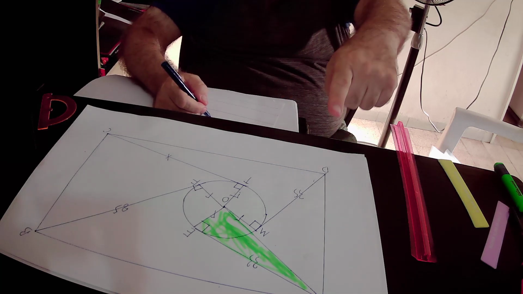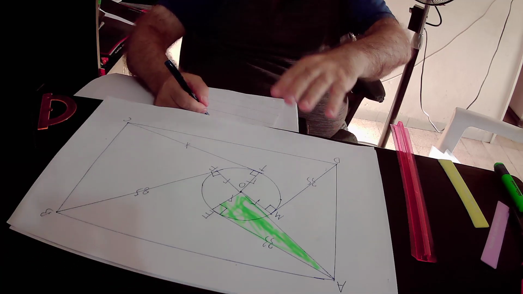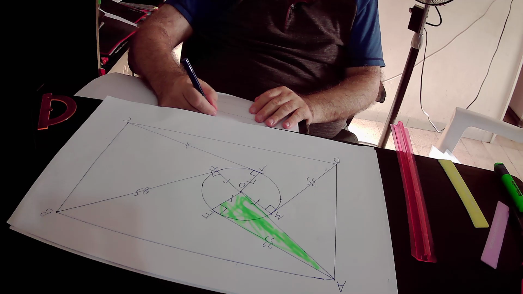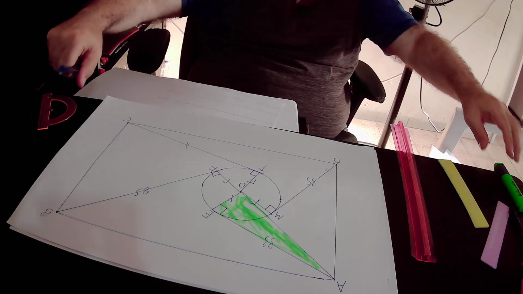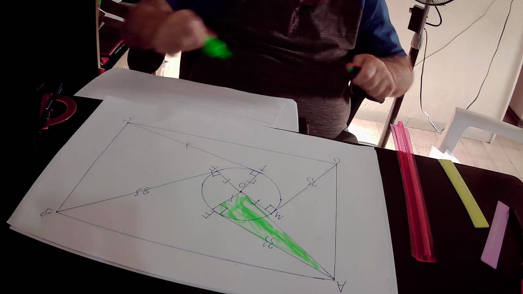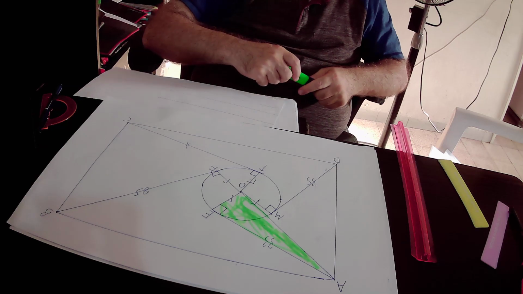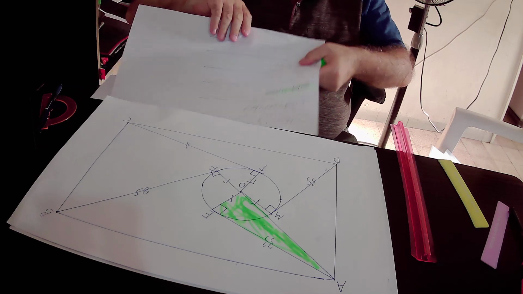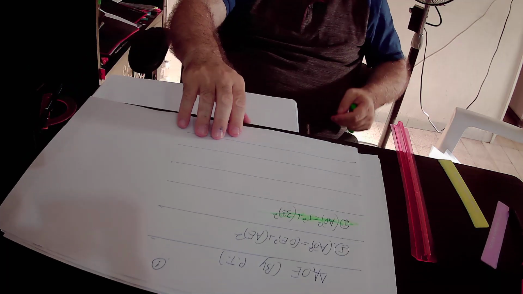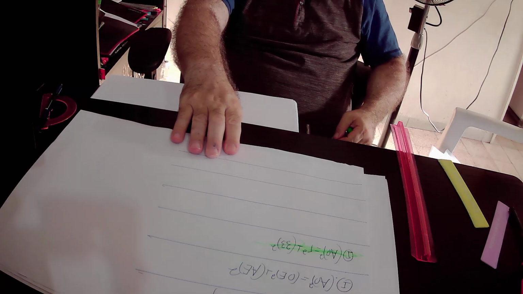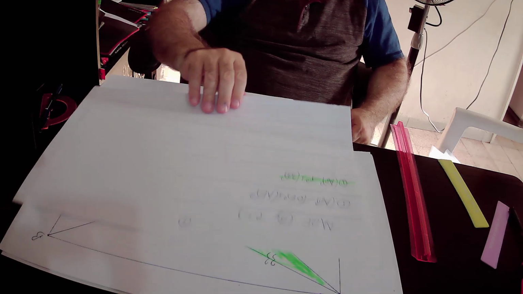AE equals 33 units according to what is given, therefore AE square is 33 square. So in conclusion, according to equation number 1, AO square equals R square plus 33 square.